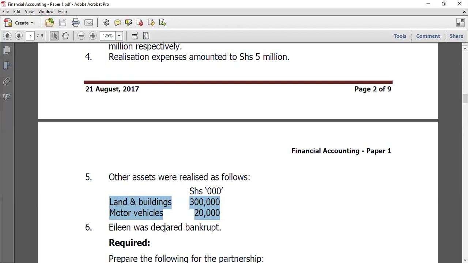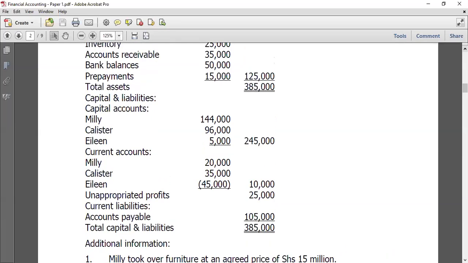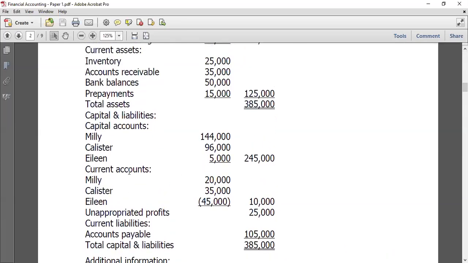Now we transfer the values in the current account. You saw up here we have some values in the current account. Millie has 20K, Calista has 35, and Ellen has that. So we have transferred these values into the capital account.